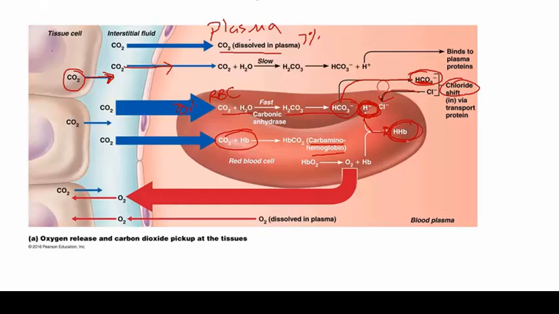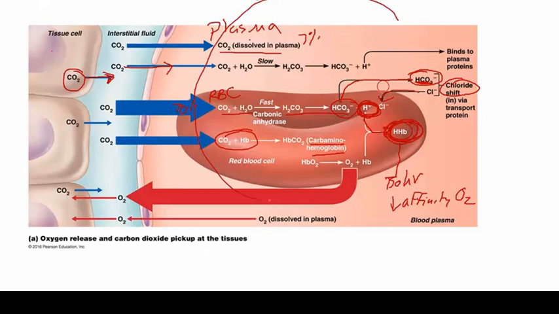And it's this buffered hemoglobin that binds to the hydrogen ions that is responsible for the Bohr effect, meaning that at elevated levels of CO2, hemoglobin has lower affinity for oxygen at a given partial pressure of oxygen.